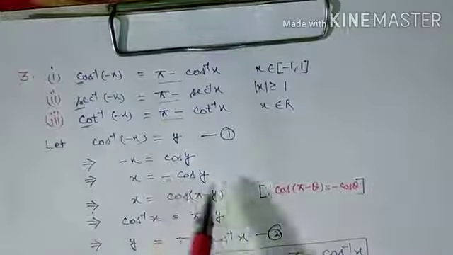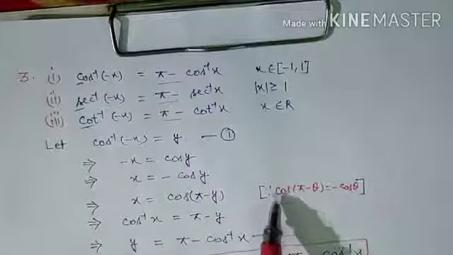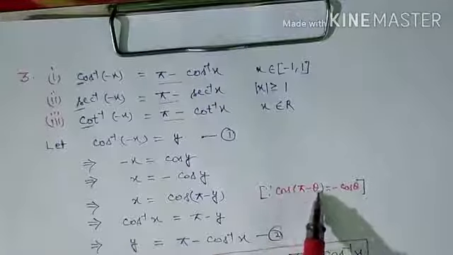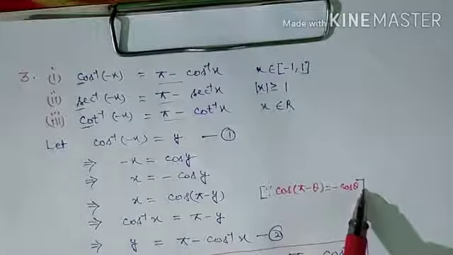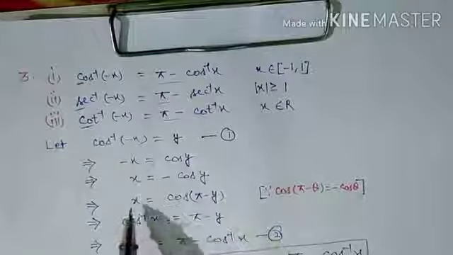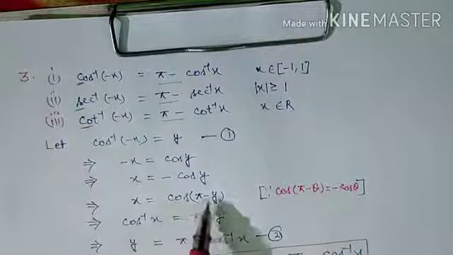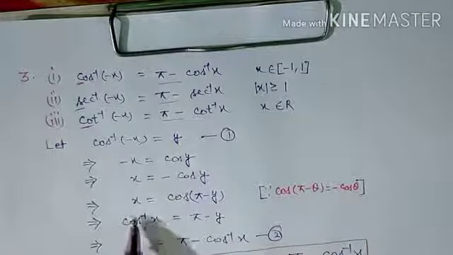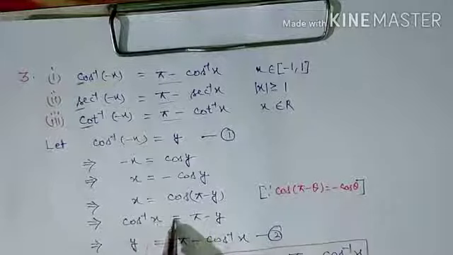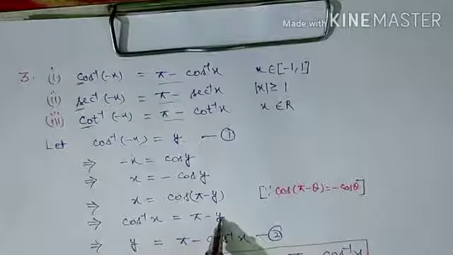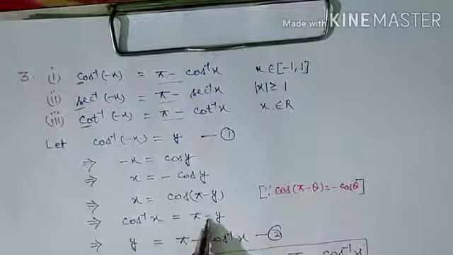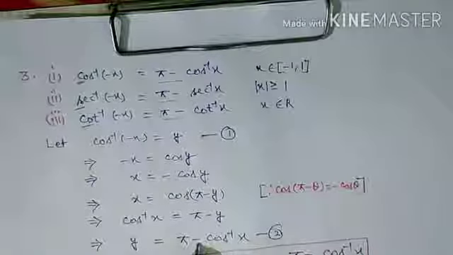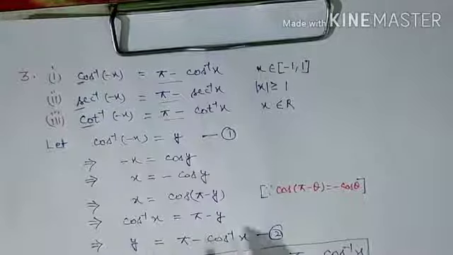Minus cos y is equal to cos of pi minus y, because of this formula: cos of pi minus theta is equal to minus cos theta. Now x is equal to cos of pi minus y. If I shift this cos to the other side, it will be cos inverse x is equal to pi minus y. Now this implies that y is equal to pi minus cos inverse x.